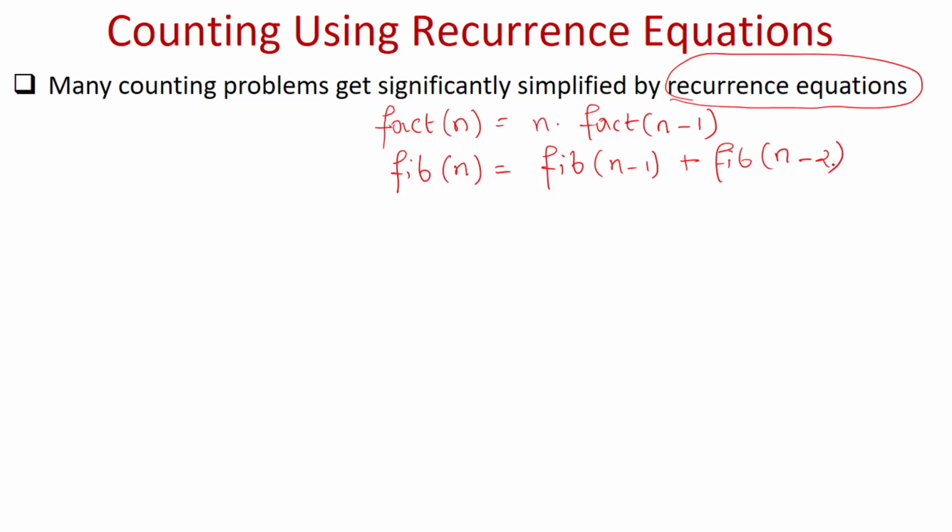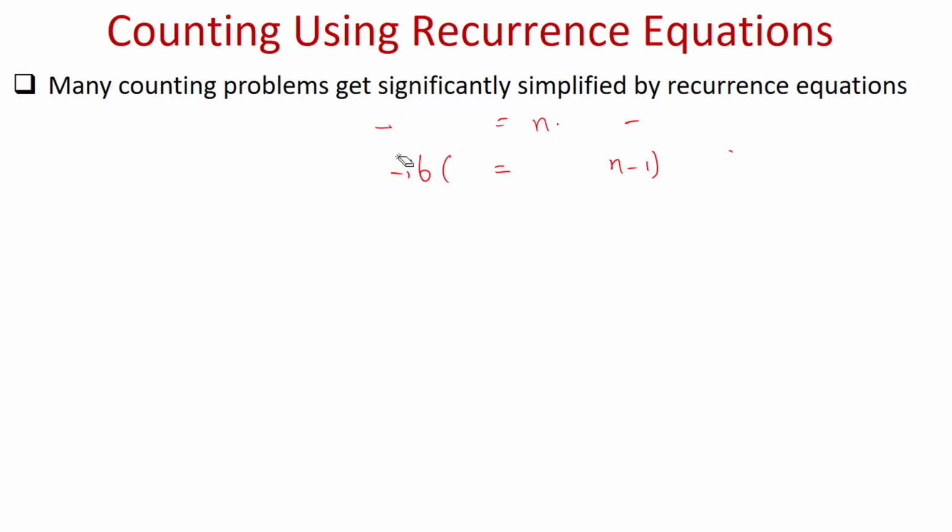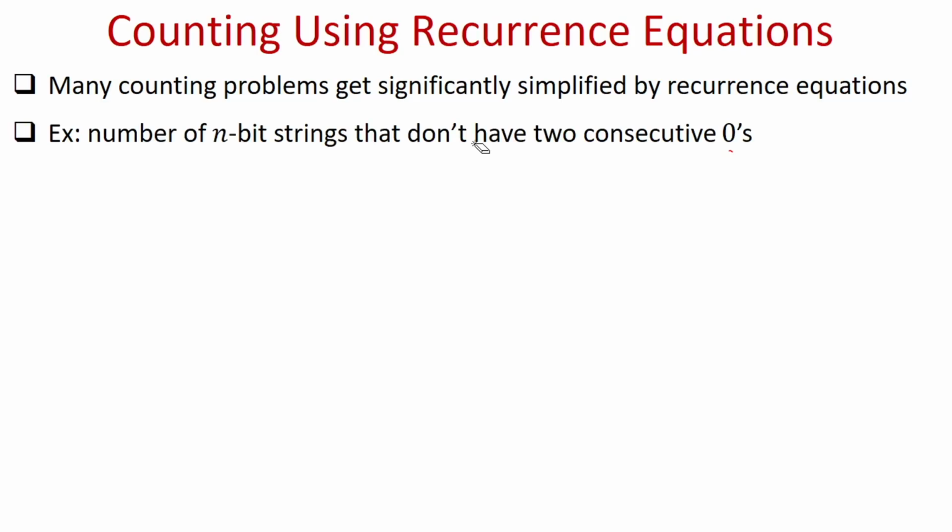Our idea here is that we would like to count the number of things by formulating recurrence equations, and later we will discuss how to solve those recurrence equations. As I said, there are many counting problems which get significantly simplified by formulating recurrence equations. Let's see an example to clarify my point.